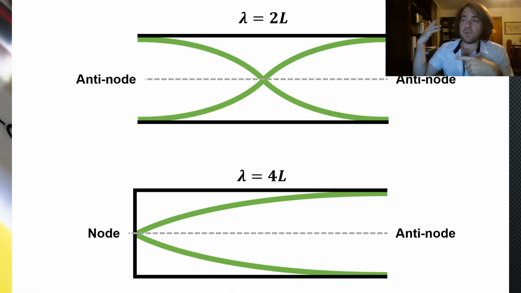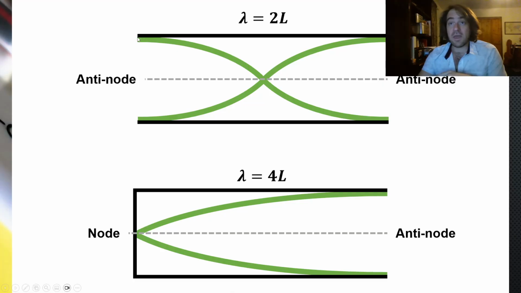When we're talking about pressure, it's a node here and a node here. When we're talking about velocity, it's the opposite, which means we have a max here and a max here. And then closed at one end, it's a quarter. So up here it's a half, and here it's a quarter.